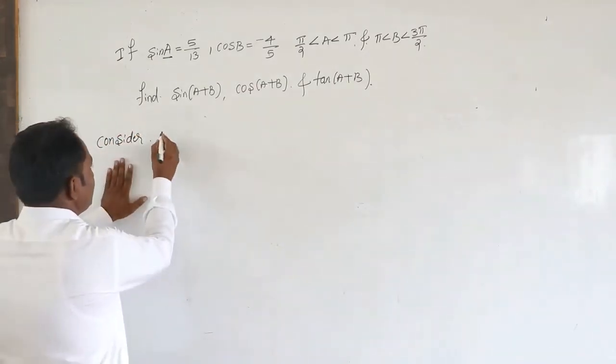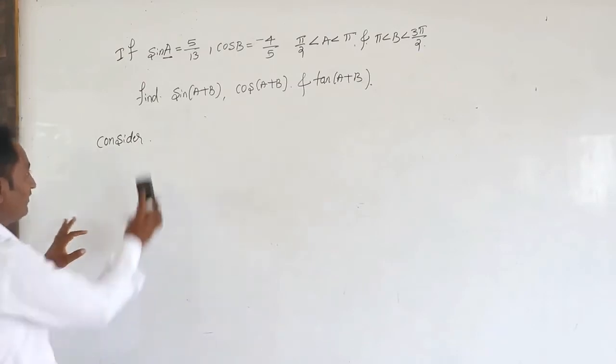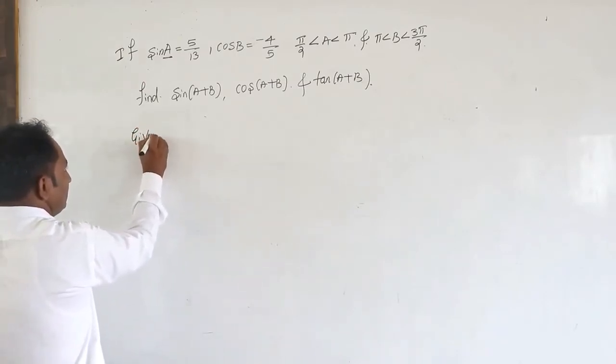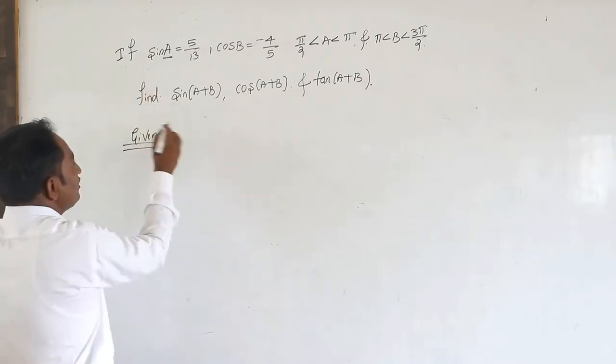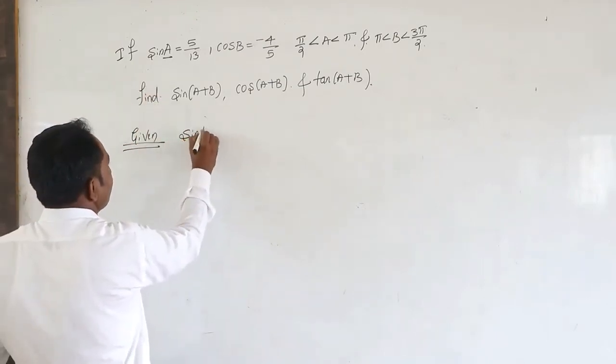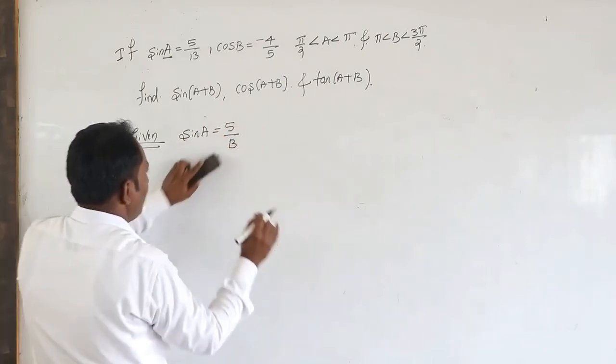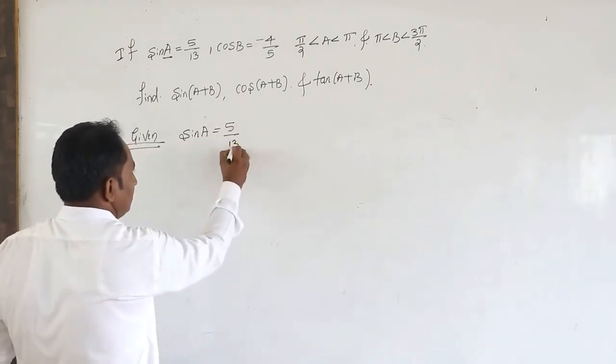Take the given values directly. Given sin A is equal to 5 divided by 13.